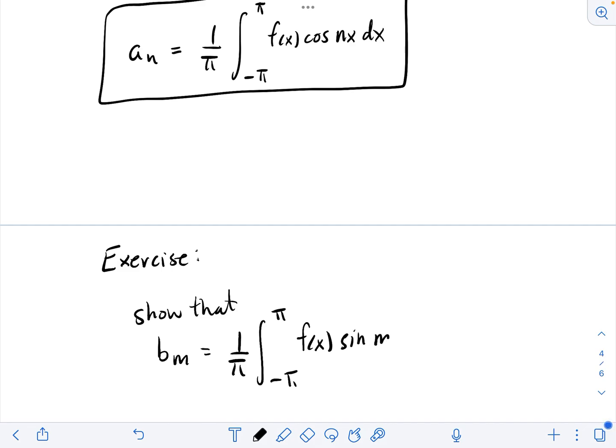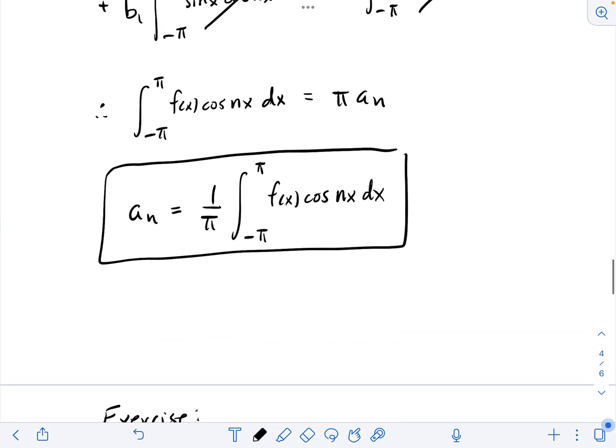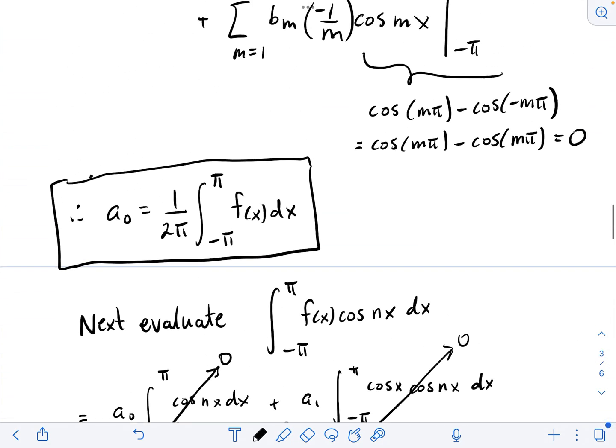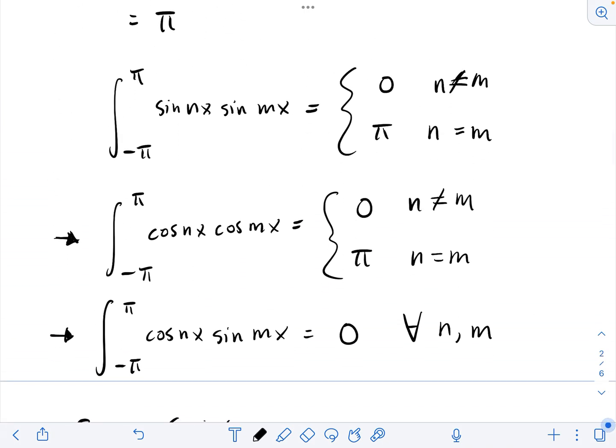The way you would prove that is very analogous to how we just did it for the an coefficients, except this time what you're going to have to make use of is this first result, that we actually proved, the sine nx times sine mx results. And then you'll also have to make use of this last one that mixes the cosines and the sines.